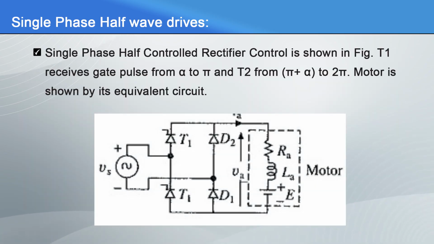In the single phase half control rectifier shown in the figure, the thyristor T1 receives gate pulse from alpha to pi, where alpha is the firing angle, and thyristor T2 from pi plus alpha to 2 pi. The motor is shown by its equivalent circuit in the figure.